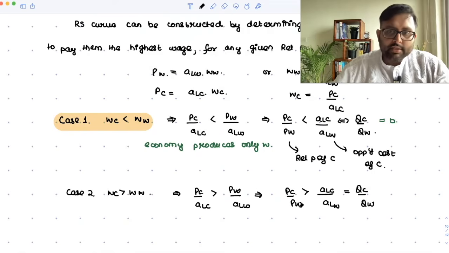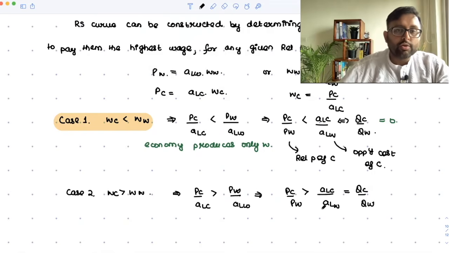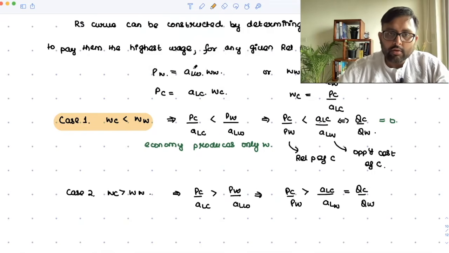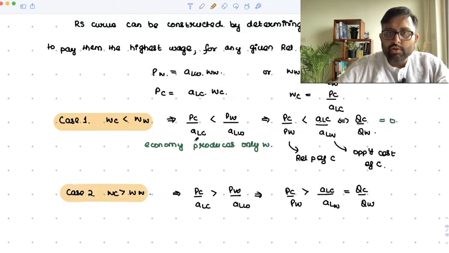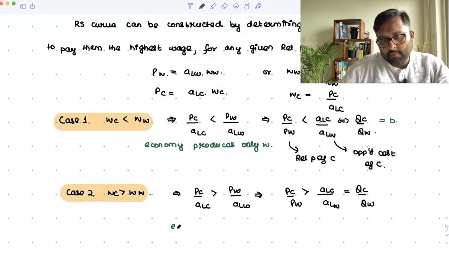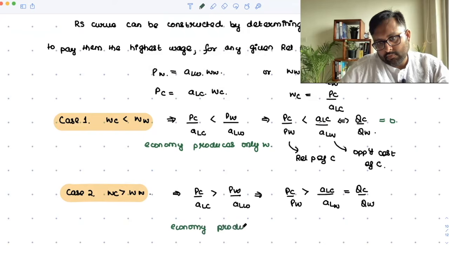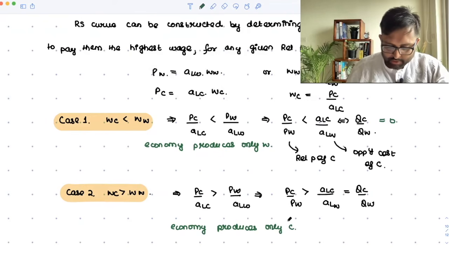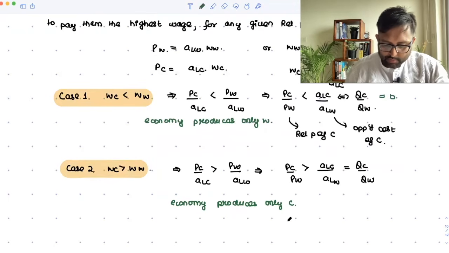The relative price of cheese is greater than the opportunity cost of cheese, so you're making money producing cheese. So you will be producing only cheese in this case. The economy produces only cheese here.